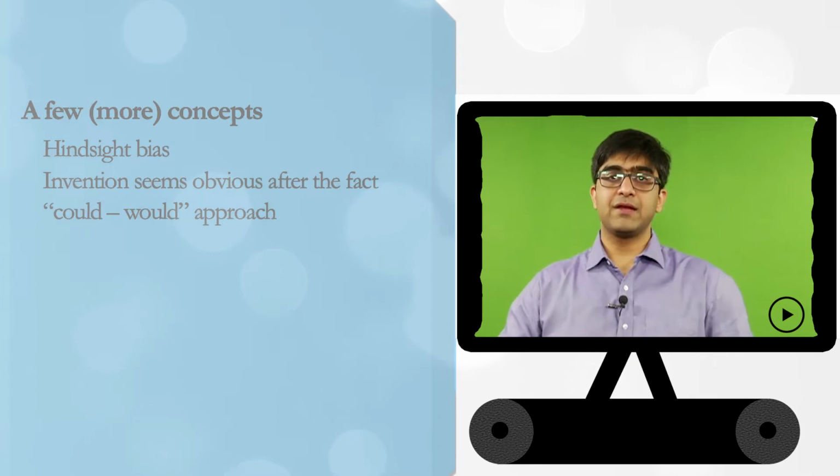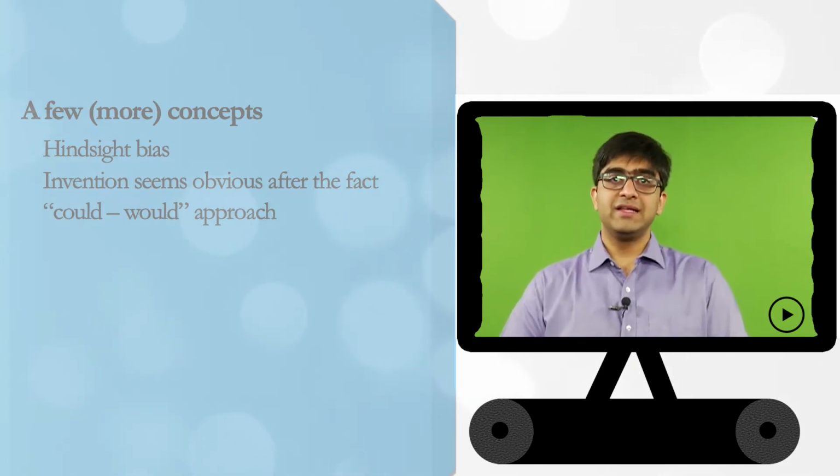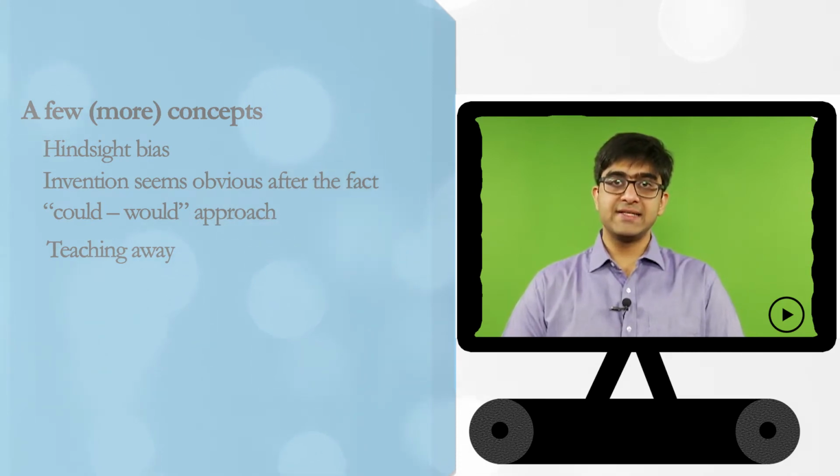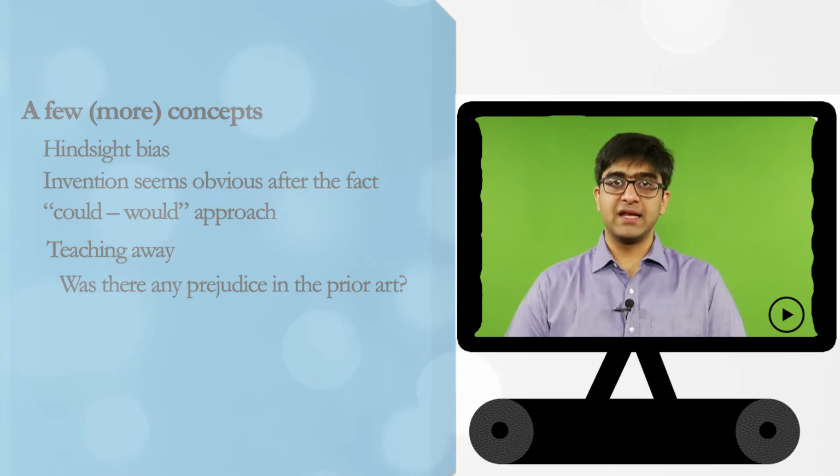Another concept that you would find in patent law is teaching away. Quite often, existing knowledge creates prejudices in the minds of the person skilled in the art. Let us say I am working on a particular problem, but the prior art reference tells me not to try out a particular solution.